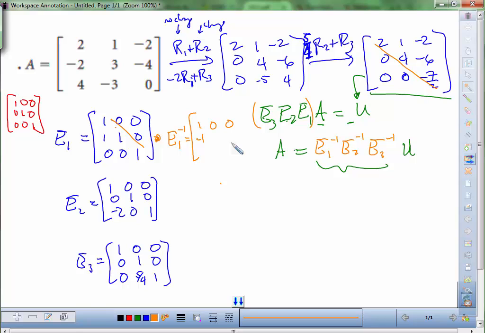So remember that the inverse of an elementary matrix is another elementary matrix of the same form, except there might be some slight changes, right? It's the same but different.